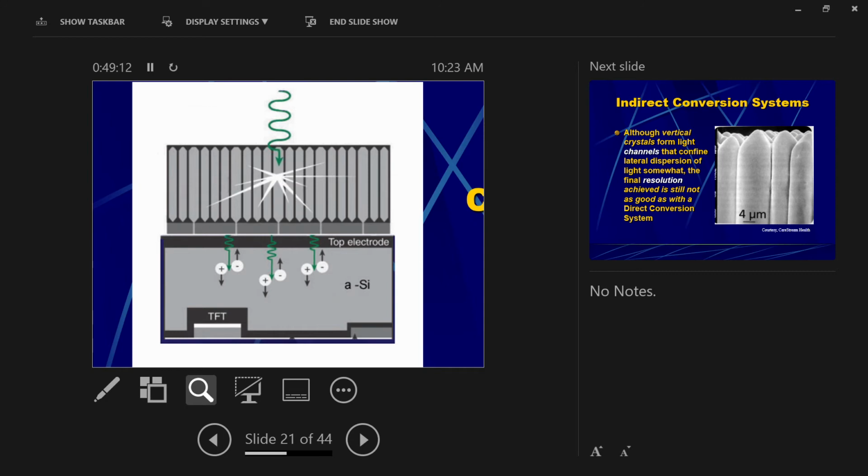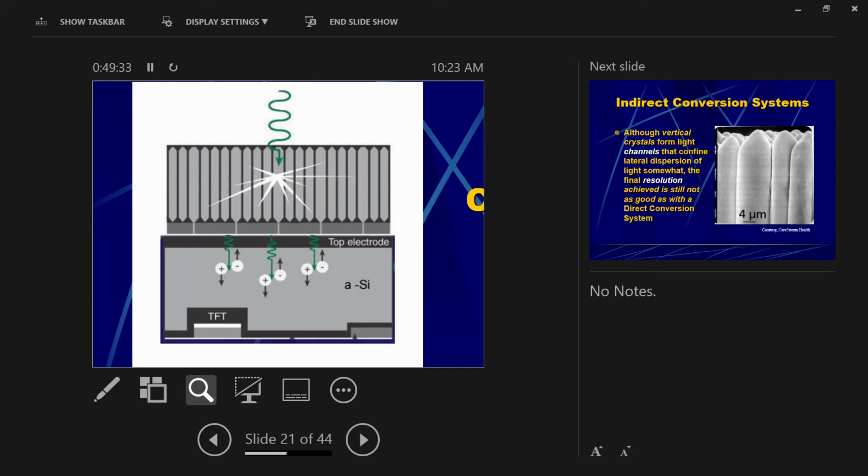Anyways, when an X-ray photon strikes these crystals, the X-ray photon is absorbed and converted into several photons of visible light. The visible light photons will travel down the crystal and strike the detector surface.